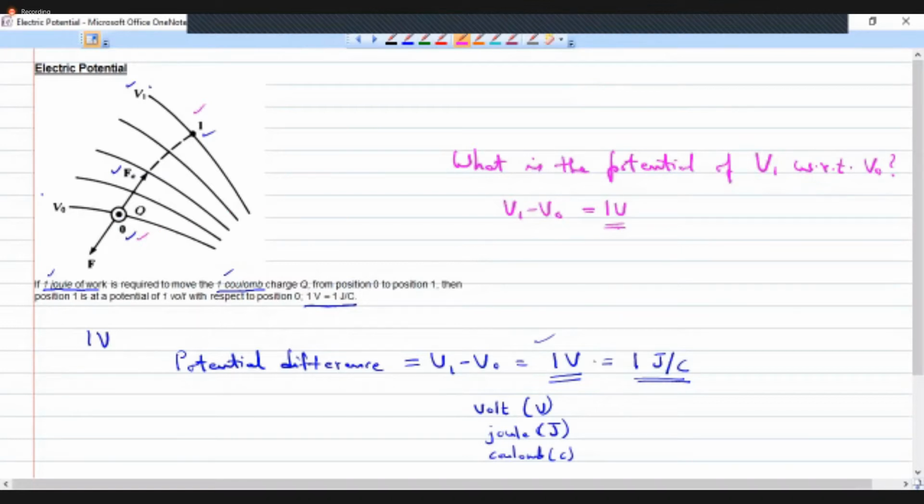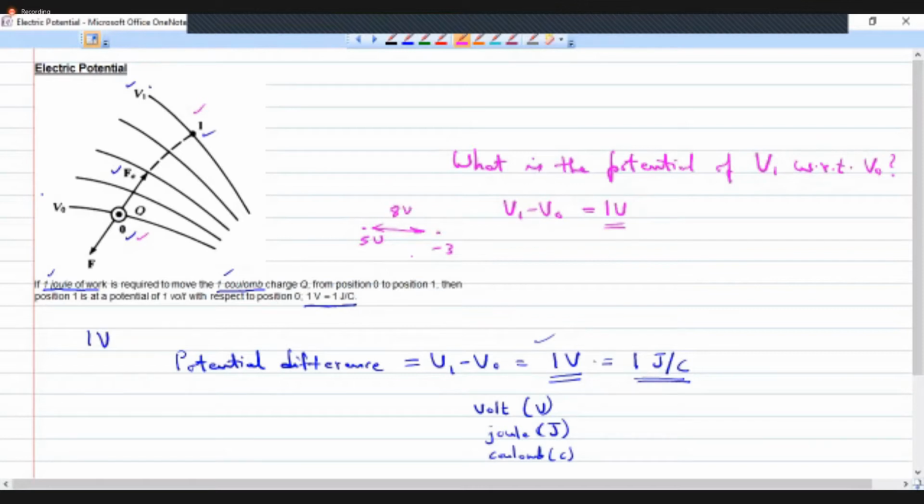Sometimes we will say that the potential at this particular point is say 5 volt, and the potential at another point is say minus 3 volt. Now what is the potential difference between these 2 points? The potential difference between these 2 points will be equal to 8 volt.